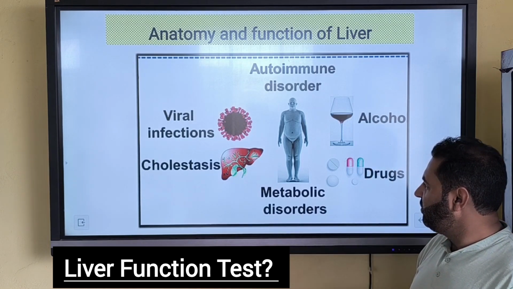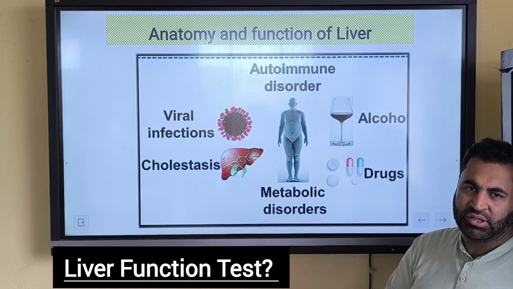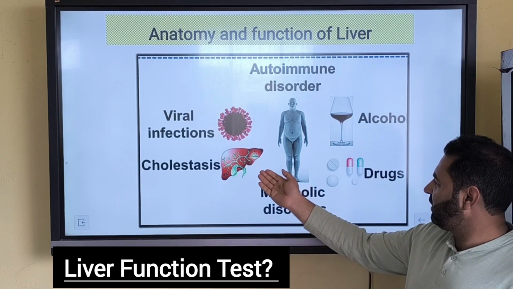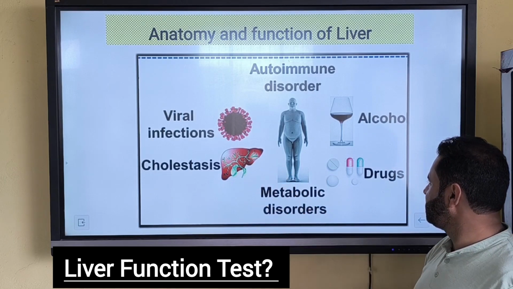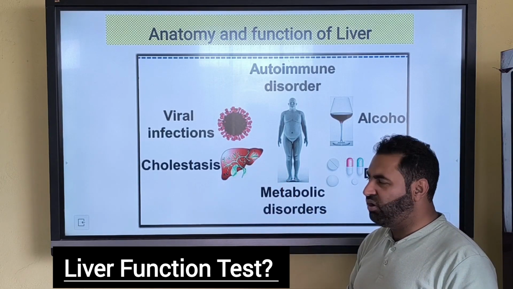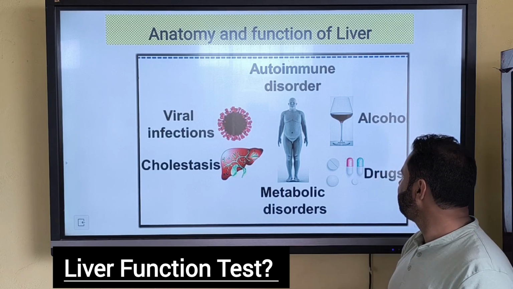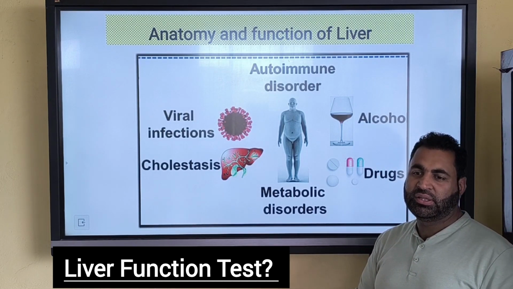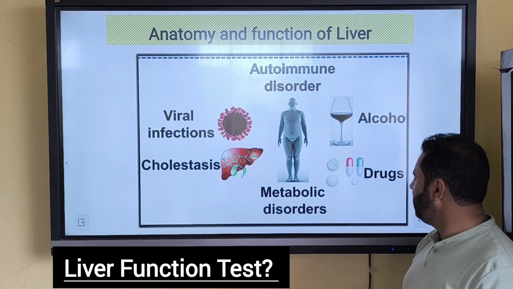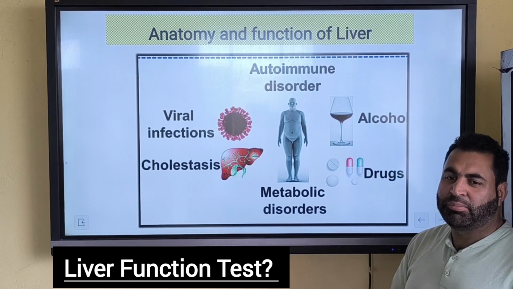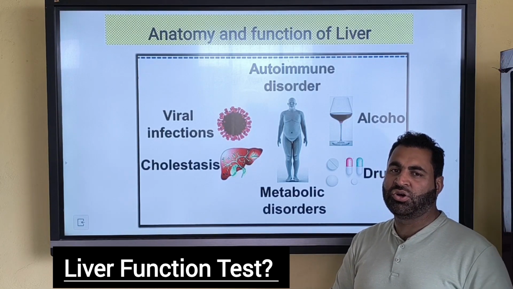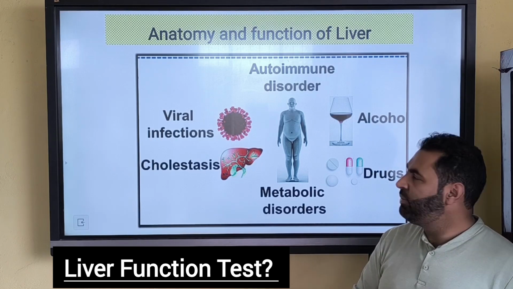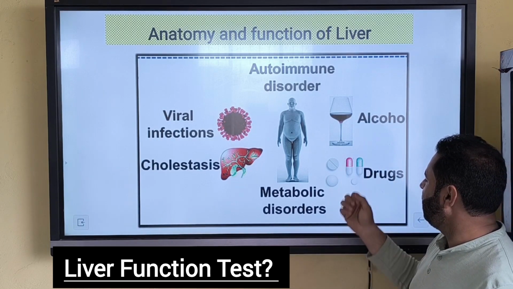Cholestasis, where there is a blockage in the liver bile flow, can also cause problems in the liver. Excessive use of alcohol can also damage our liver, and some drugs can also destroy our liver.